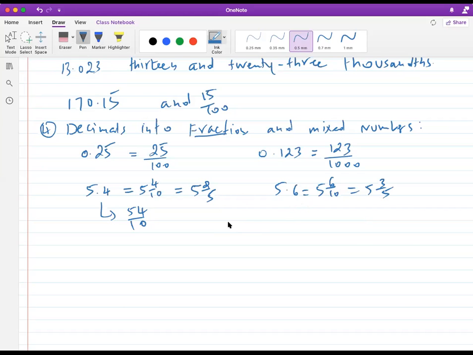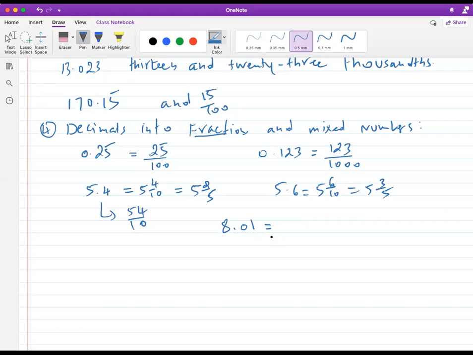So let's look at another one. Let's turn this into a mixed number. So this is a decimal.